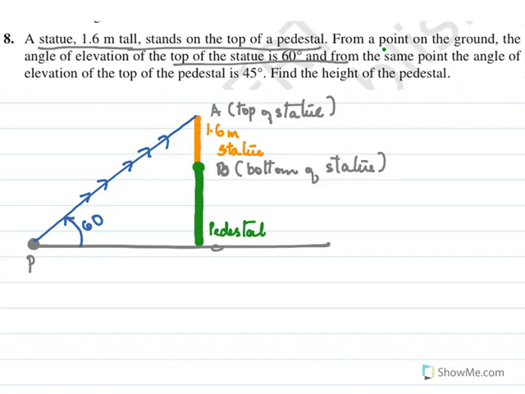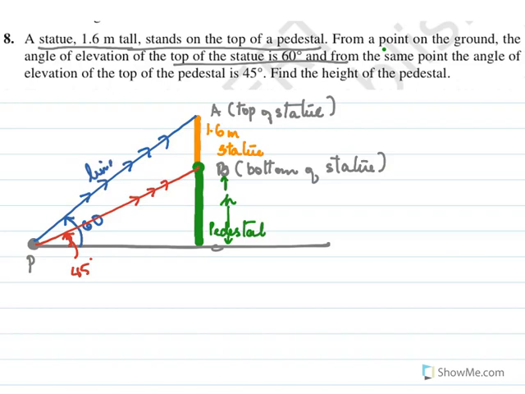The top of the pedestal will be at this point B. Now he's looking at the top of the pedestal, so line of sight, and this angle is 45. I'll mark this here, 45 degrees. We have to find the height of the pedestal. Which is the height of the pedestal? This H. This H we need to find out.